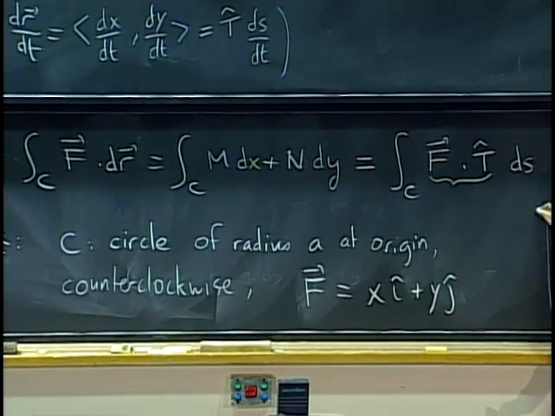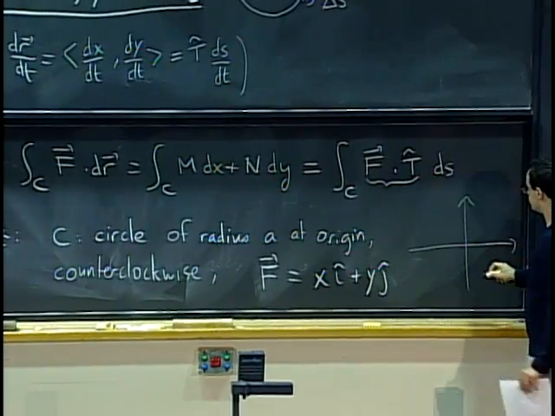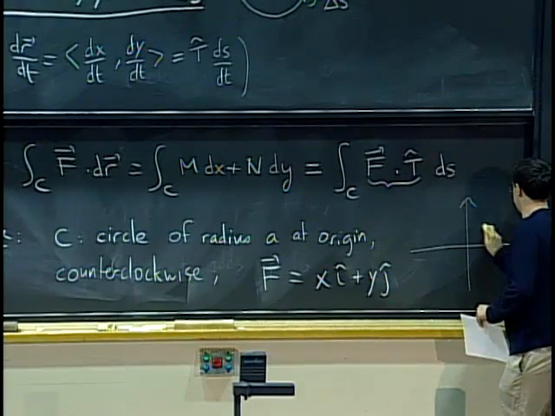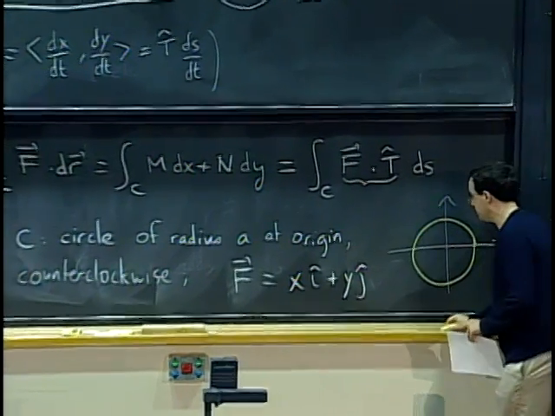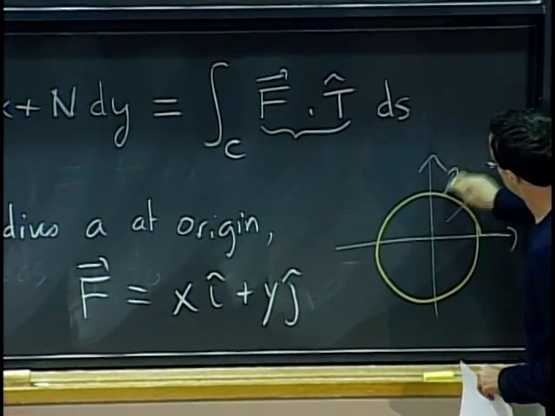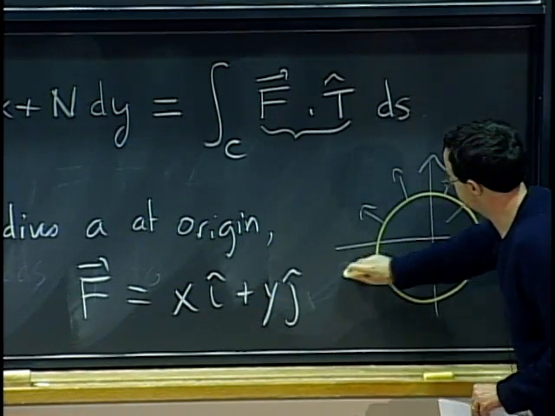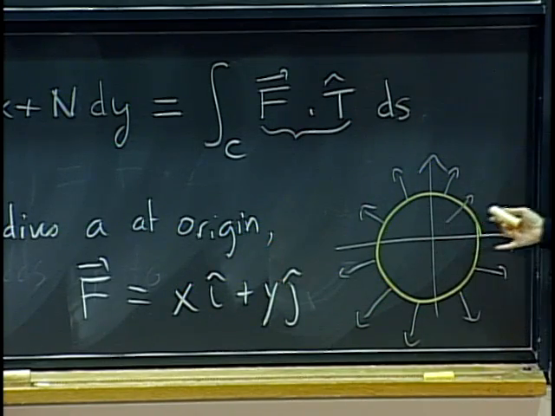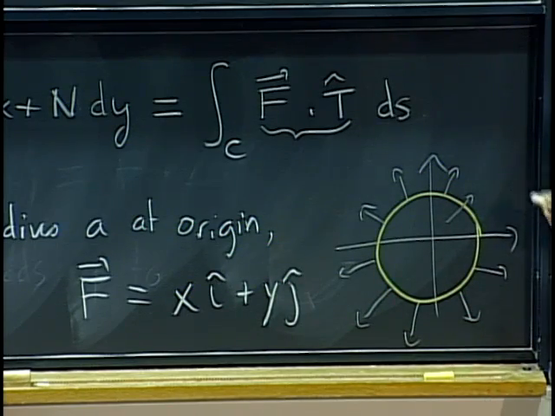So what does that look like? Well, my trajectory is just this circle. My vector field, remember xi plus yj, that's the one that's pointing radially from the origin. So hopefully if you have good physics intuition here, you already know what the work is going to be. It's going to be 0 because the force is perpendicular to the motion.